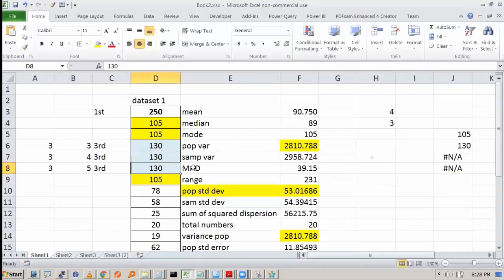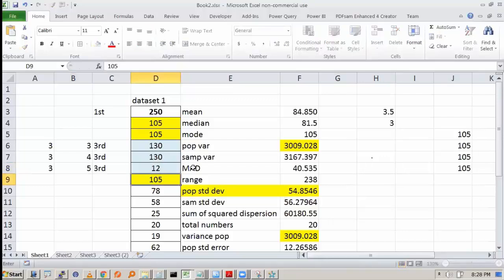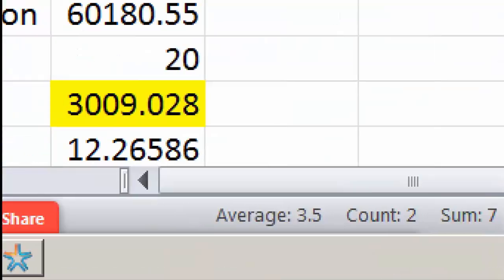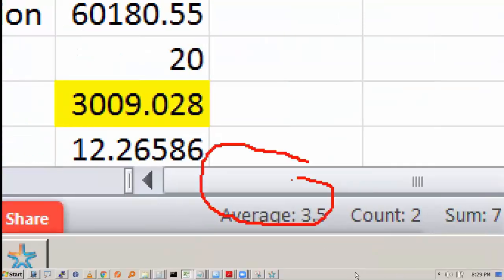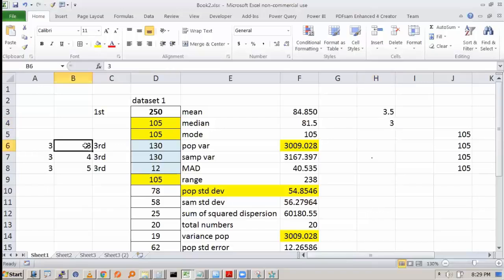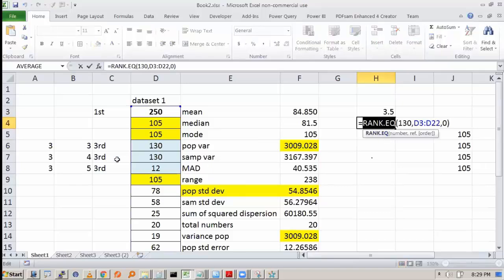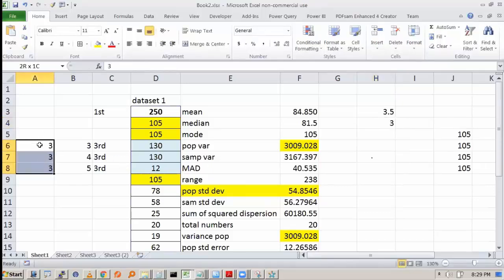If I make this 112, see, rank dot average has become 3.5, because this 130's rank is 3, this 130's rank is 4, and the average of these two is 3.5. So rank dot average takes the rank of all the numbers, takes the average and gives it to you. Whereas rank dot equal will take all of these and whichever is the best one, it will produce that.